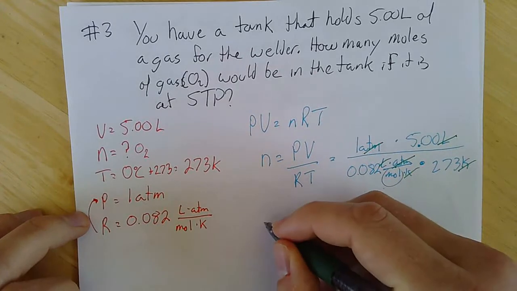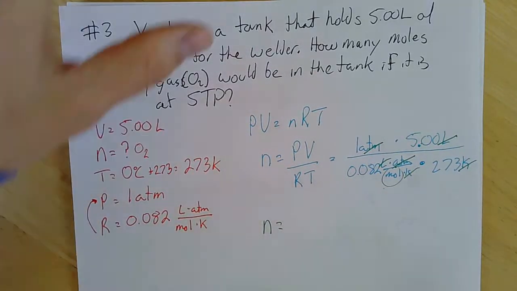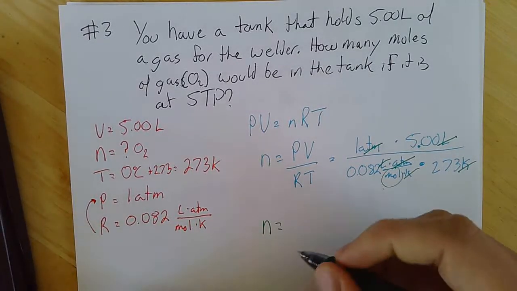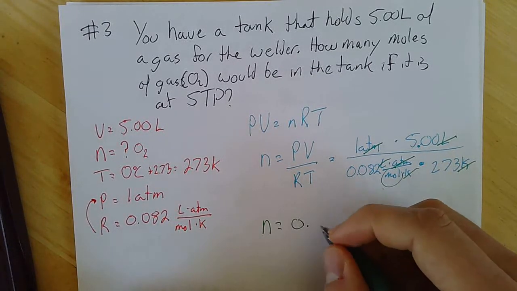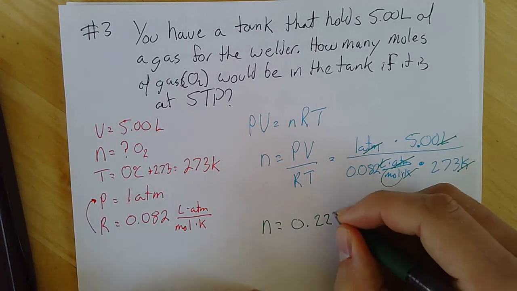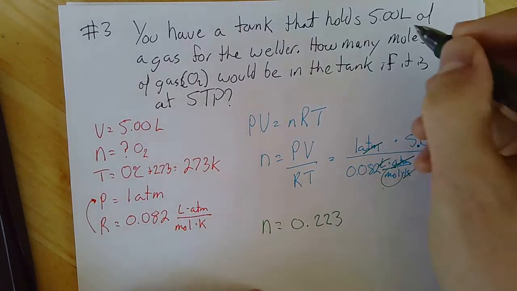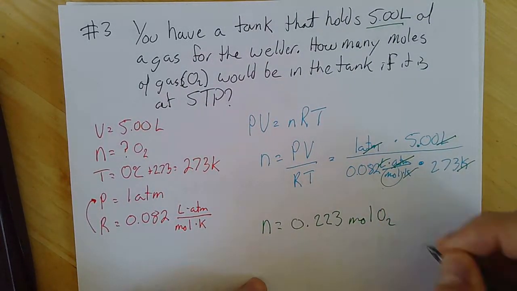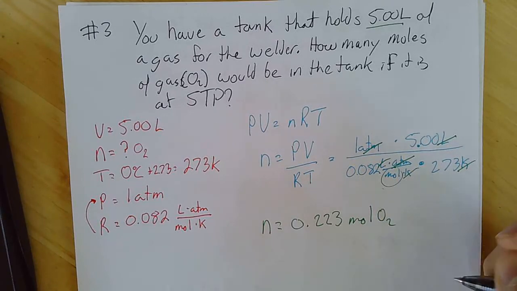So we just put that into our calculator, and we find 5 divided by 0.082 divided by 273. And so we end up with 0.223, using our 3 sig figs from right up there, moles O2. Okay, so that's what this question gets us.